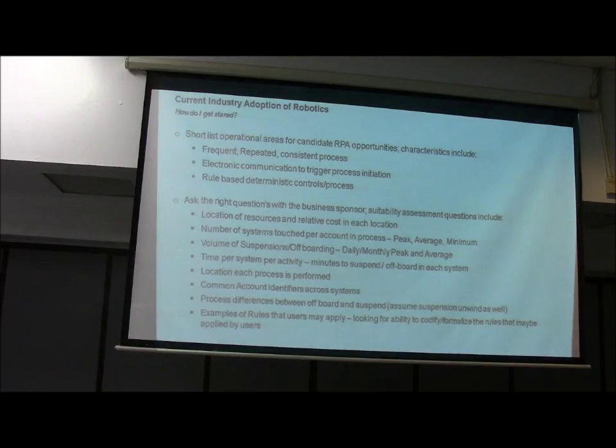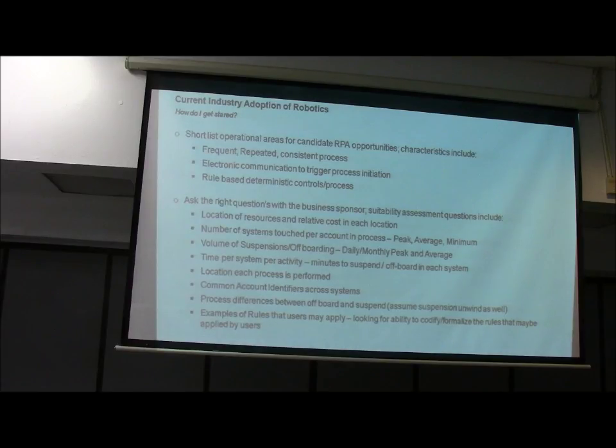So say, for example, you go to a collateral management process, right? You've identified that the first 3 points give that high-level entry point to have a conversation with that lead. These are the right questions that you need to ask him: locational resources, relative cost in each location, the number of systems that touch per account in process, peak, average, and minimum volume of suspensions, offboarding, daily.